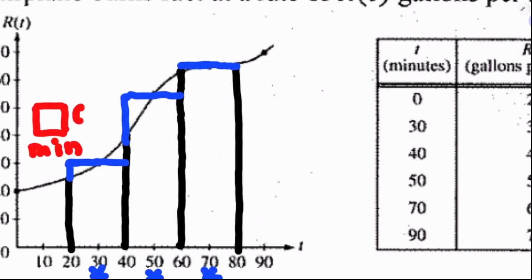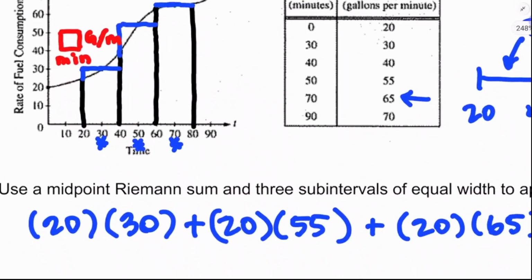If we multiplied those, we would get gallons, right? And that's what you do to find an area, so you could multiply the units and find the same thing.